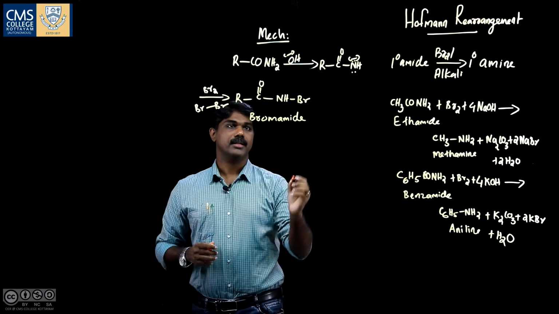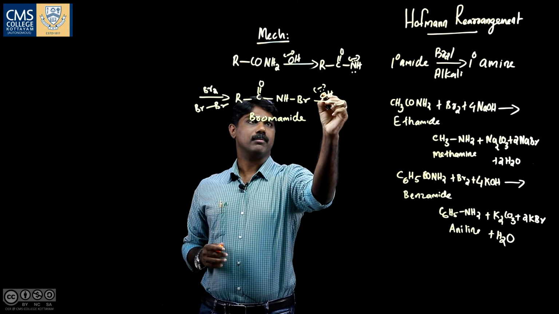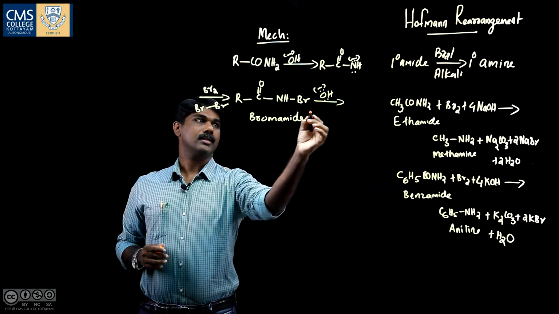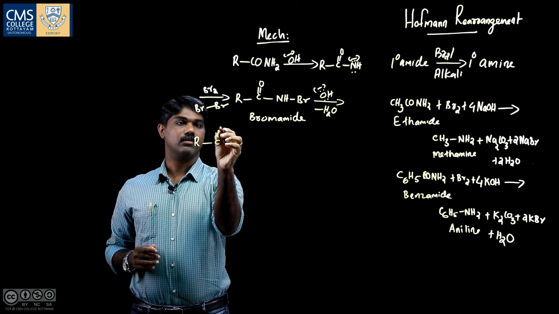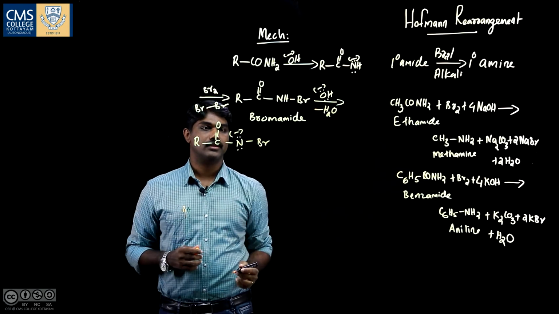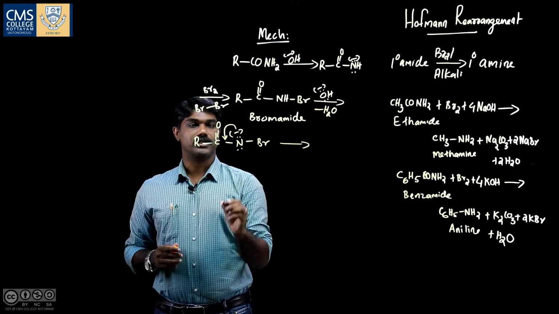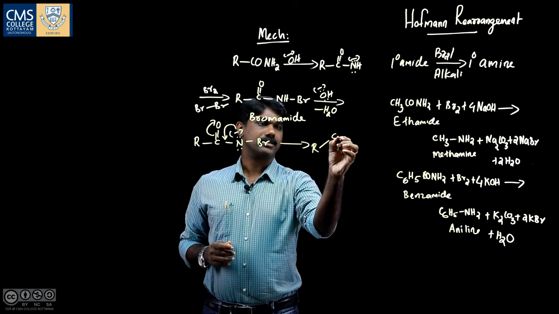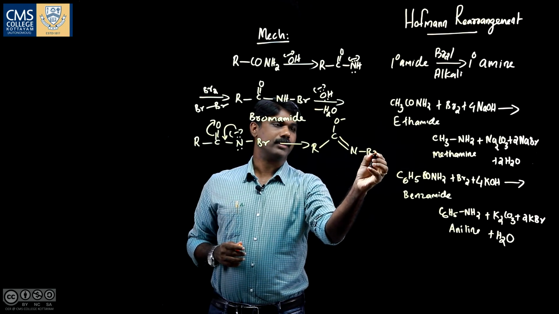This is called bromamide, and this again undergoes deprotonation with OH minus. This proton gets deprotonated, and here one molecule of H2O is eliminated, and we get RC double bond O, N minus Br. Okay, and this electron shifts to this bond and this electron shifts to oxygen, then we get RCO minus double bond N, then we have a Br here.